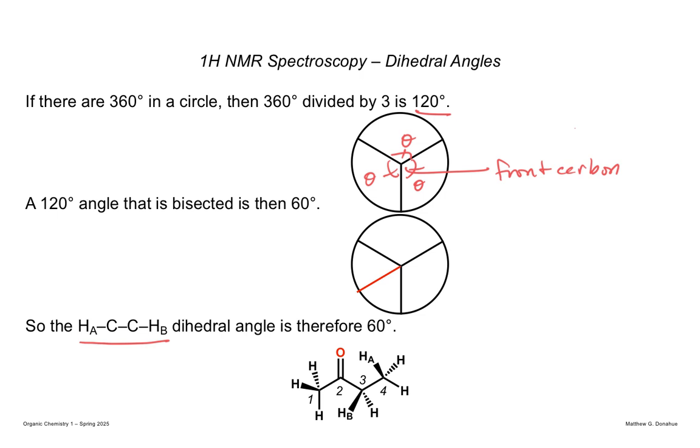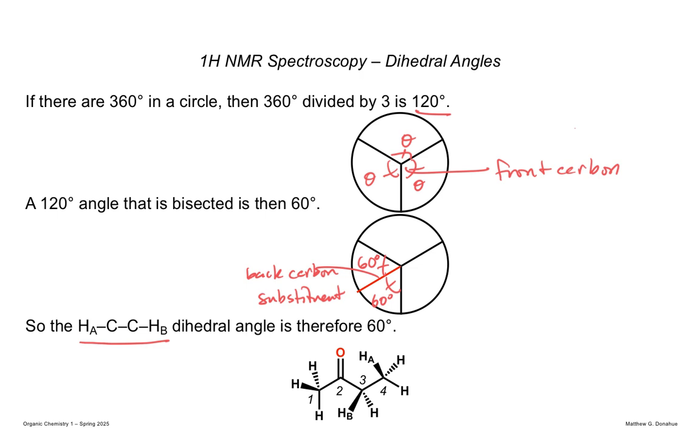And then what we're doing here, so that would be a back carbon substituent. We're just bisecting that angle. So 120 divided by 2 is 60. So if we take the three substituents, we just make a circle.